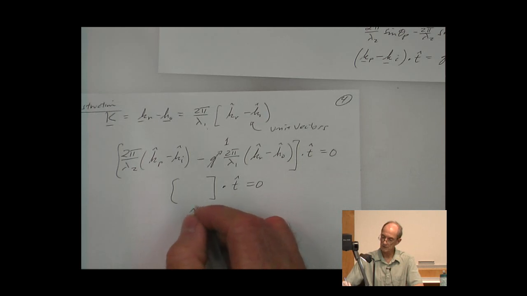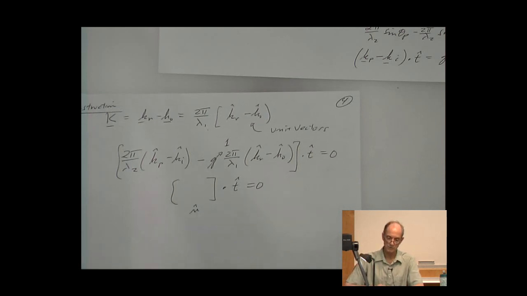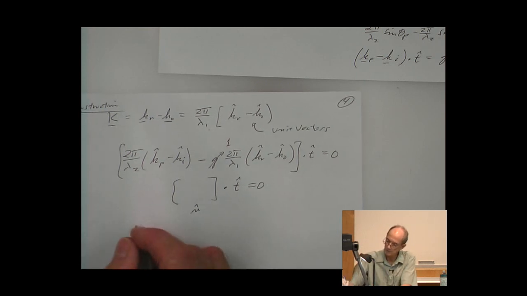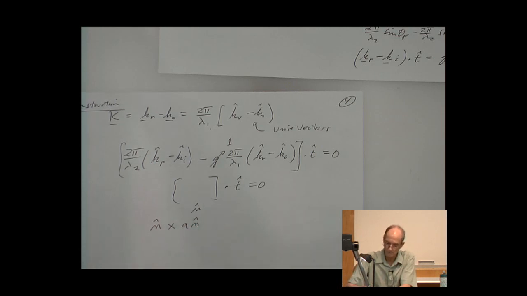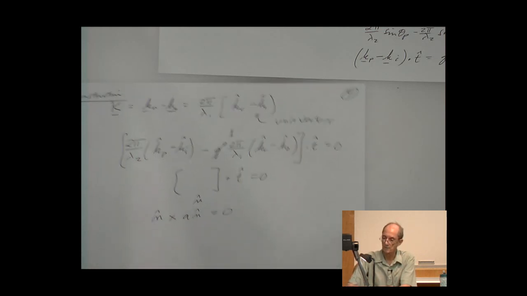So this must be in the normal direction. So that's good. We can also say, from vector calculus, that if we take the cross product of a vector, in this case a normal vector, with another vector which may be scaled but is in the same direction, that also is equal to 0. Okay?